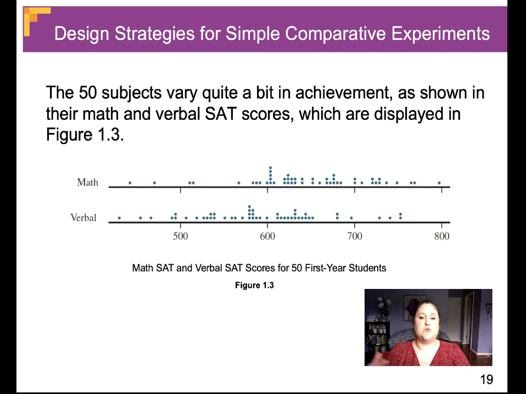When these random students are assigned to the two different experimental groups, we would want to make sure that the assignment of these students does not tend to place higher achieving students in one group and lower achieving students in another group. We want to make sure that our two groups have a random grouping of student achievement.